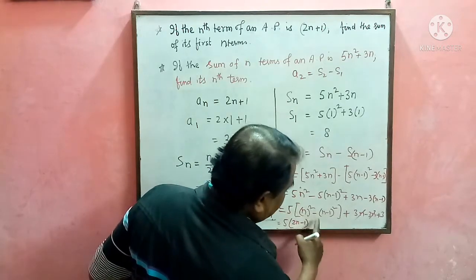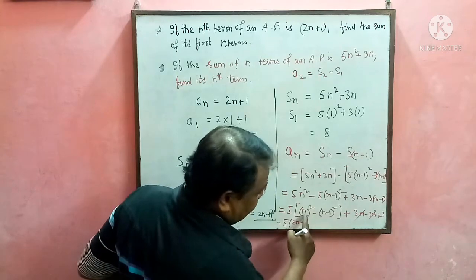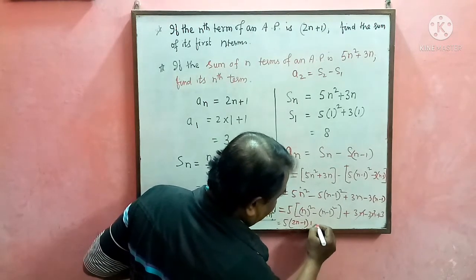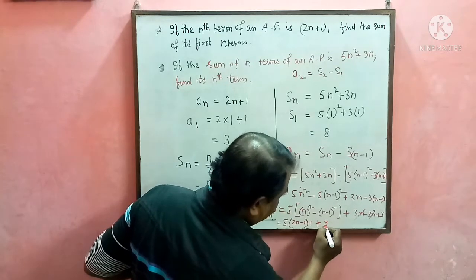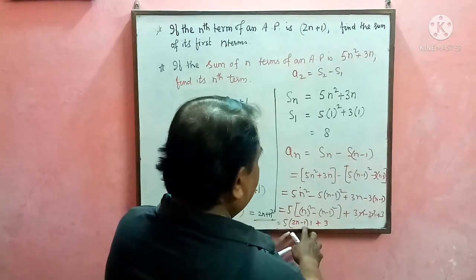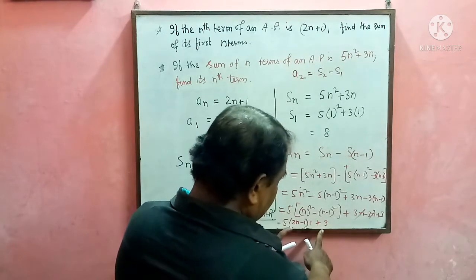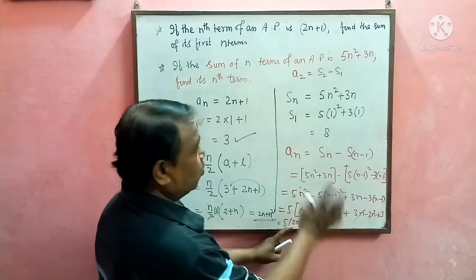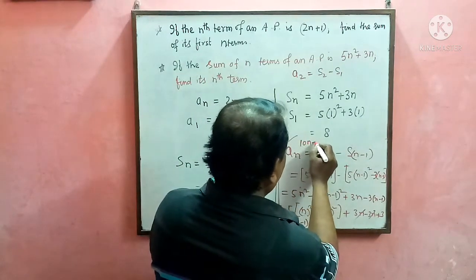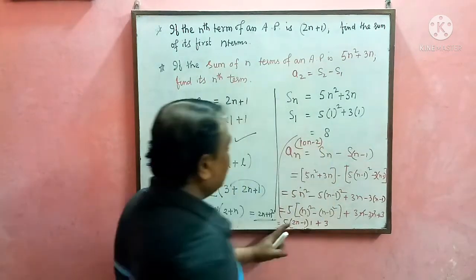If I subtract, n minus (n−1), it is 1. Then plus 3. So this is ultimately 10n − 5 + 3, 10n − 2. So the result is 10n − 2.